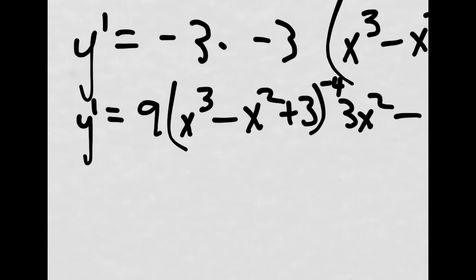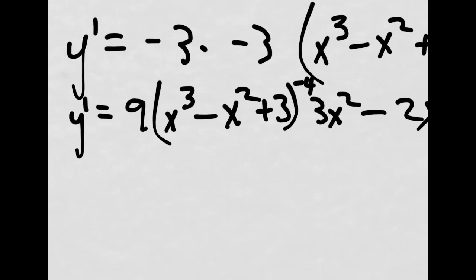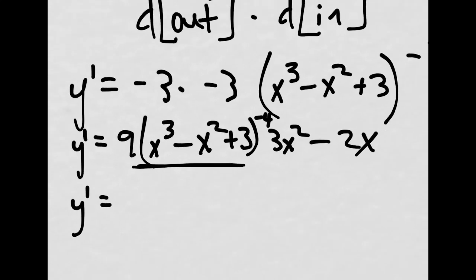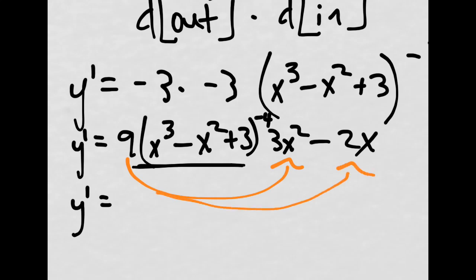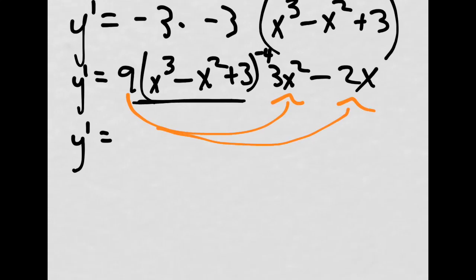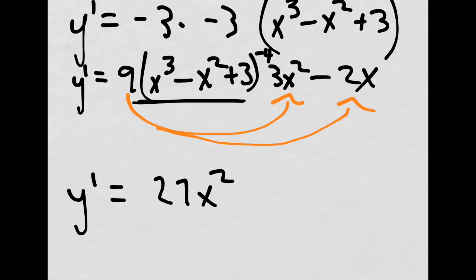Then the only other thing, they're probably not going to make you fully do that out. But they probably will rewrite it like this. So take the 9 and distribute it to the 3x squared and to the negative 2x. So y prime would be equal to 27x squared minus 18x.